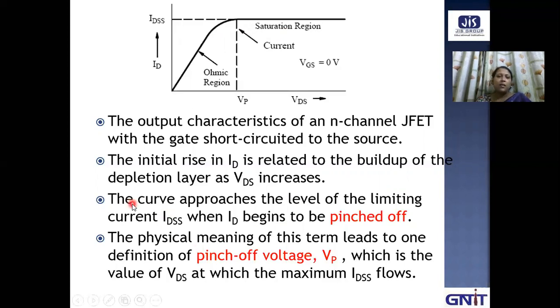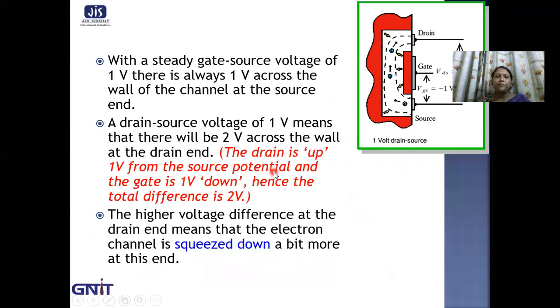As the curve approaches the level of the limiting current, IDSS, ID begins to be pinched off. This particular point of voltage is called VP, that is the pinch off voltage. The physical meaning of this term leads to one definition of pinch off voltage VP, which is the value of VDS at which the maximum IDSS flows.